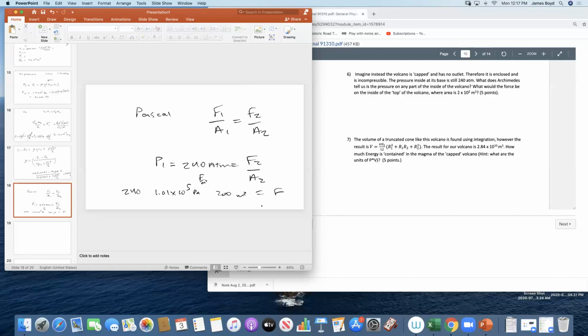I get the force. And that force is going to be pretty huge, right? It's going to be 48 times 10 to the 3rd times 10 to the 5th. It's going to be 48 times 10 to the 8th newtons. That is the force on the inside cap of the volcano, which is pretty easy to figure out.